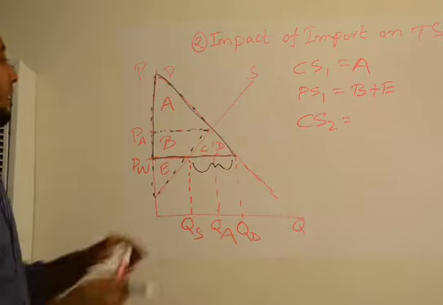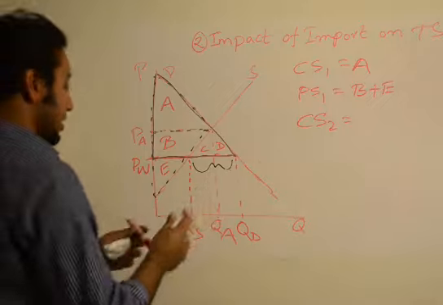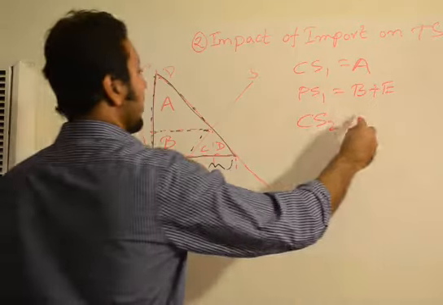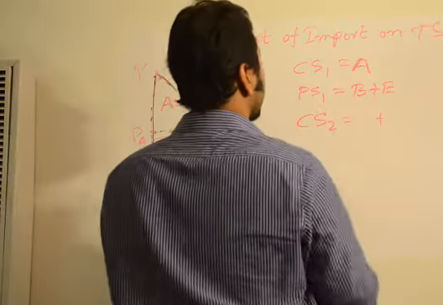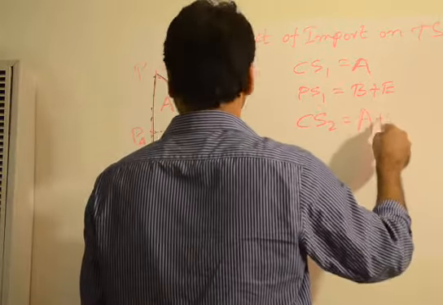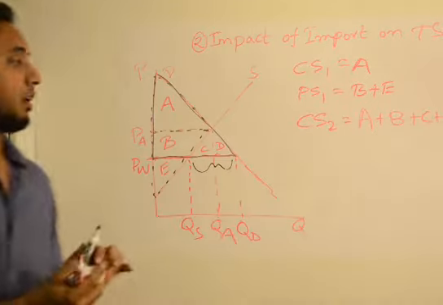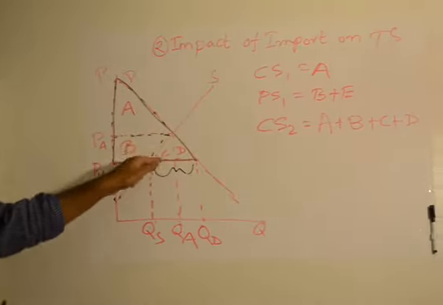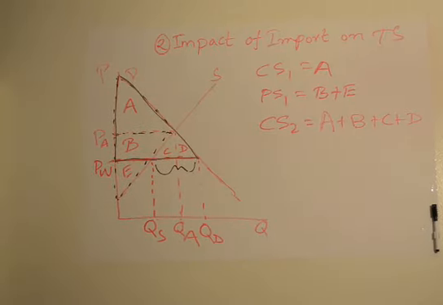So this triangle gives us the new consumer surplus after trade. And this is given by A plus B plus C plus D. A plus B plus C plus D is your new consumer surplus after the trade, or after import.